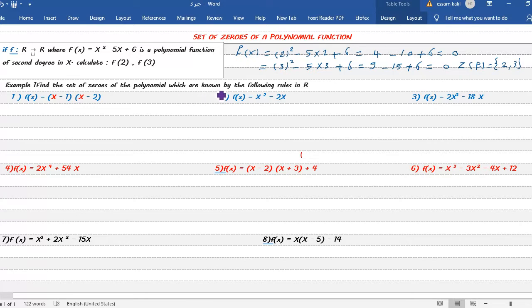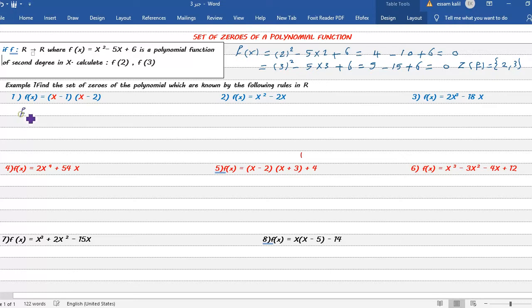which are known by the following rules in f of x equal x minus 1 times x minus 2.